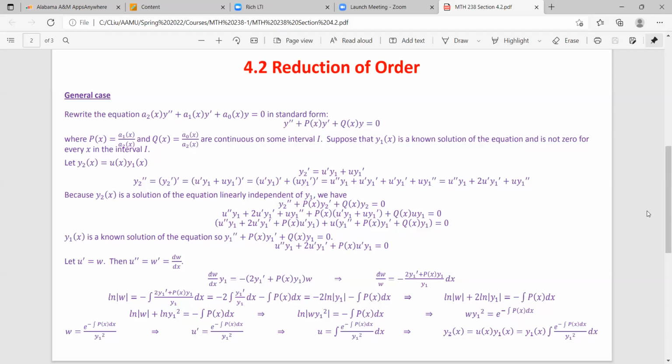The first term, the integral of y1 prime over y1, if we integrate it, you get natural log of absolute y1.